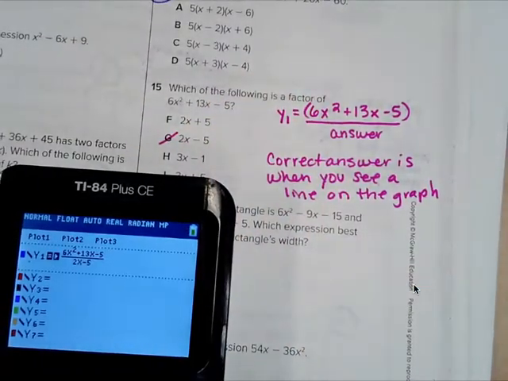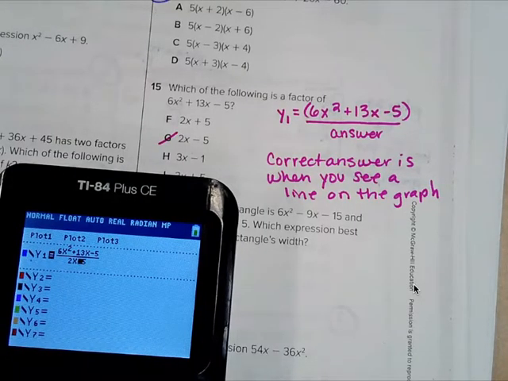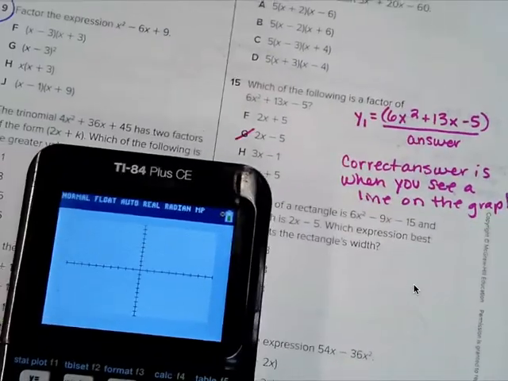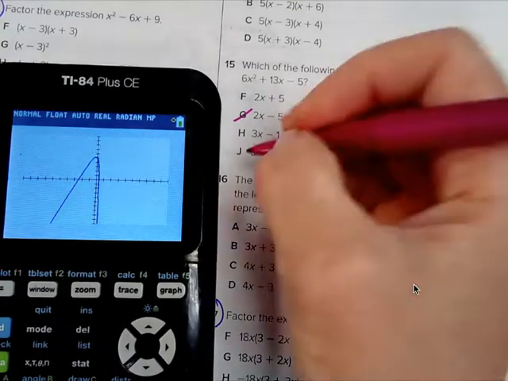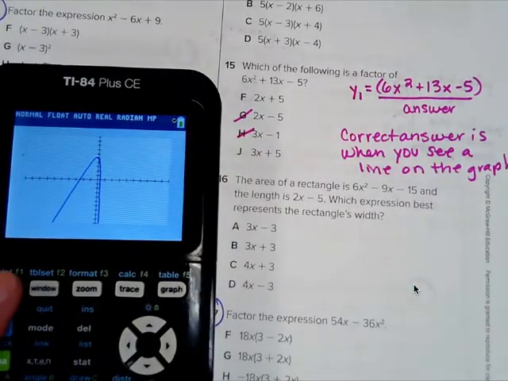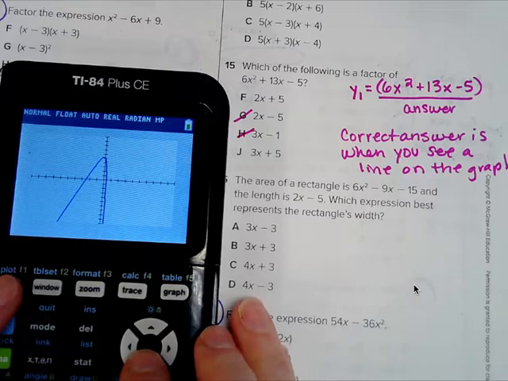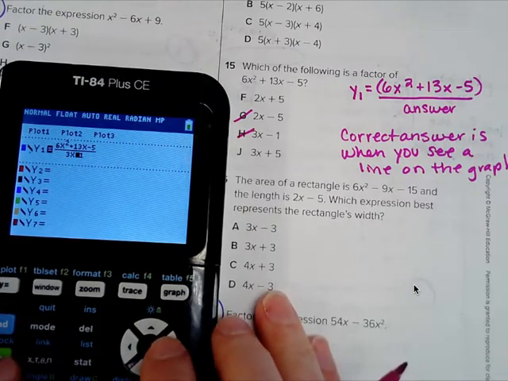Okay, go to the next one, 3x minus 1. Oh, that's the same thing. All right, so that is a no. And then the last one, 3x plus 5.